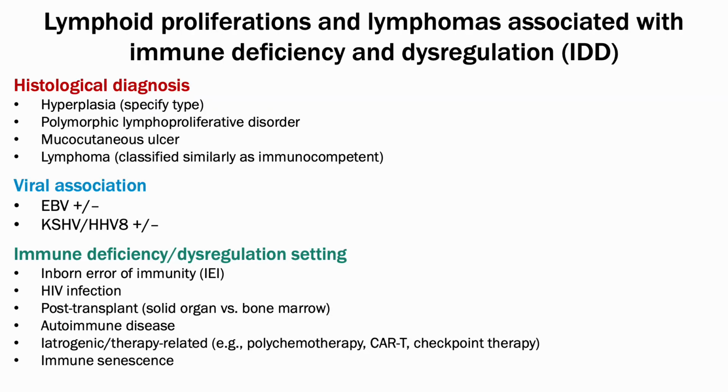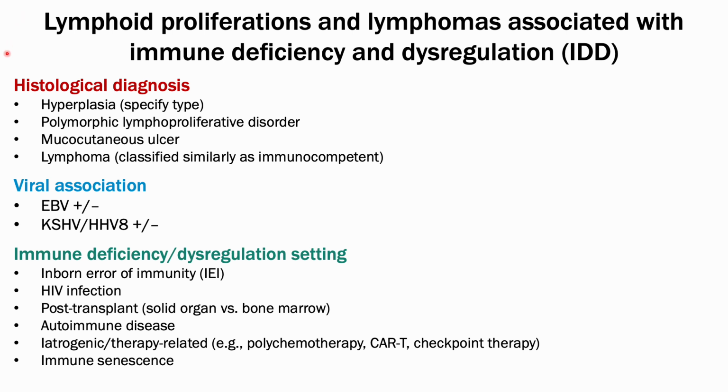Lastly, we'll do a tiny bit on lymphoid proliferations and lymphomas associated with immune deficiency and dysregulation, or IDD. These used to be scattered across several chapters in the WHO, but are now unified under a single framework, and they have to be reported in 3 parts.